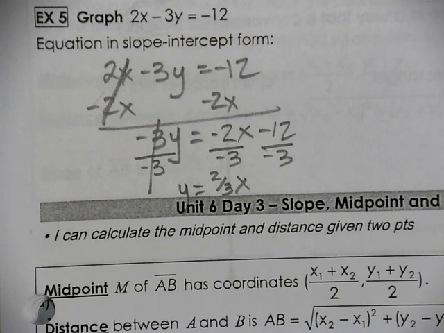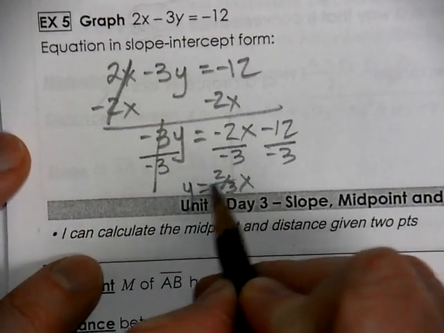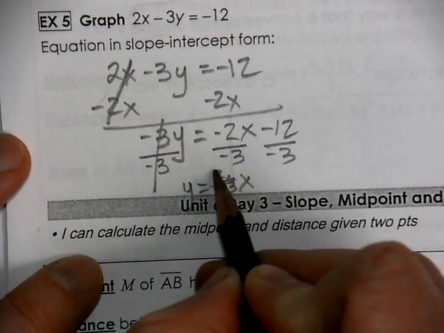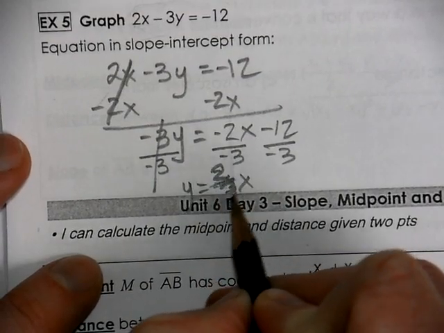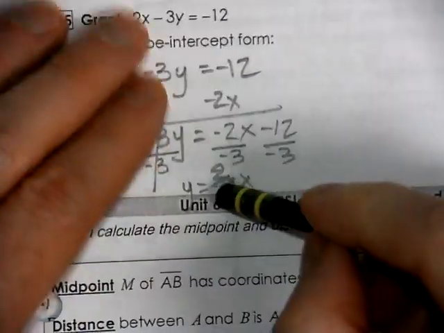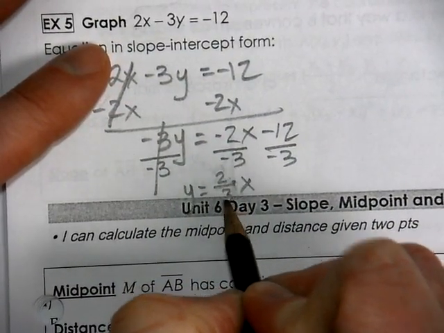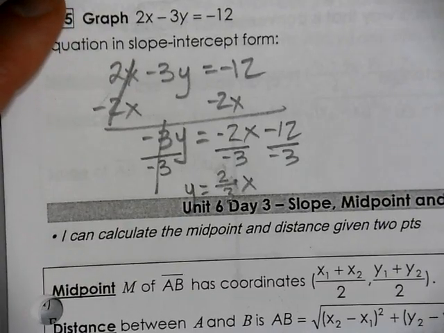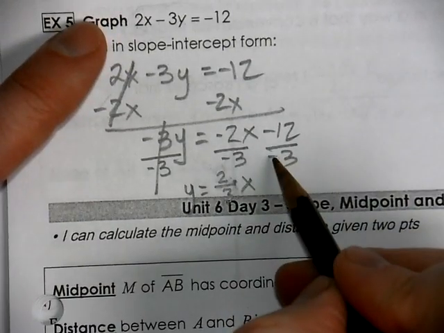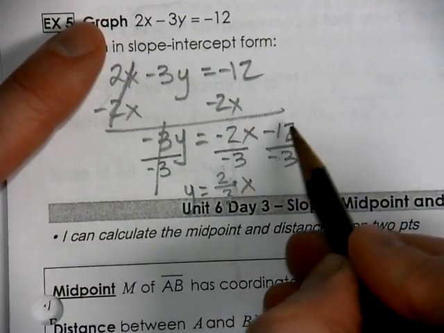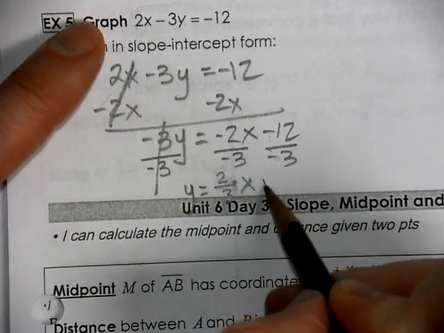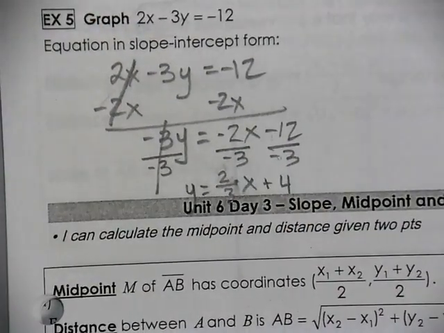The x is actually on the 2, but we usually write our fraction in front of the x. And then when you divide, you get 4, and two negatives make a positive 4.